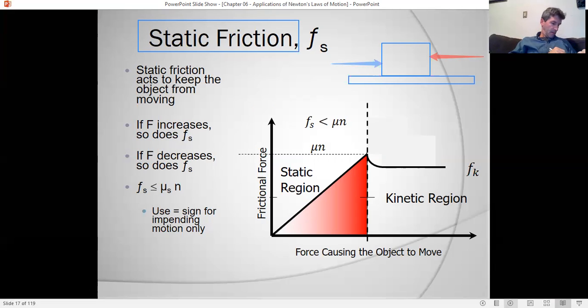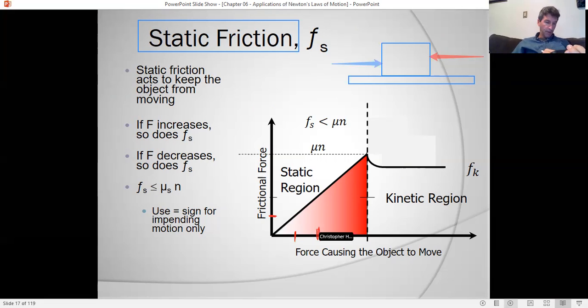Okay? If I put 1 Newton of force to try to push the object, friction will come back with 1 Newton of force. Okay? Not going to move. All right, that's fine. What if I go a little bit more? Let's say I go to 2 Newtons.